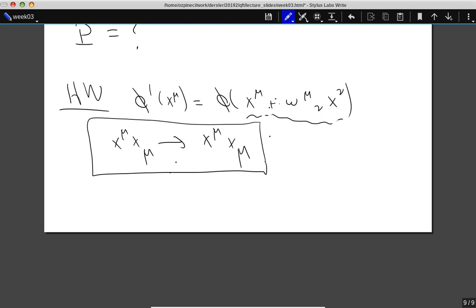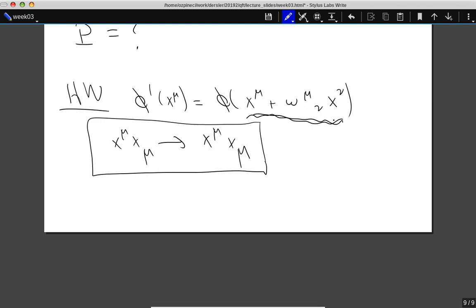Translations are a part of the Poincaré symmetry, but translations you cannot write in this form. What you can write in this form are the boosts and rotations. What will be the corresponding conserved quantities? What are their expressions?